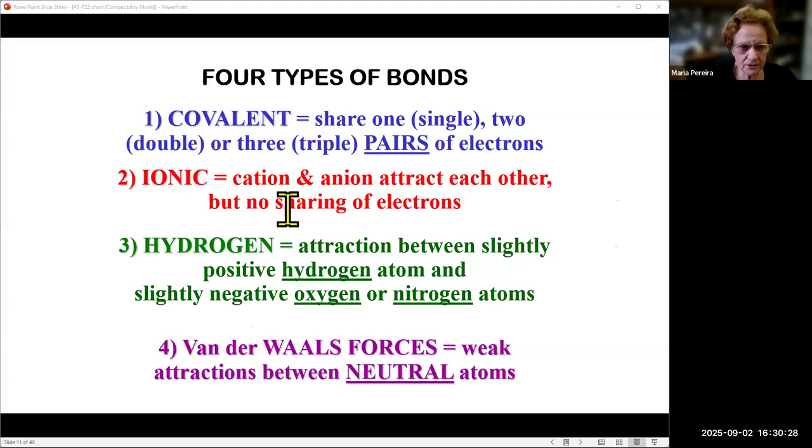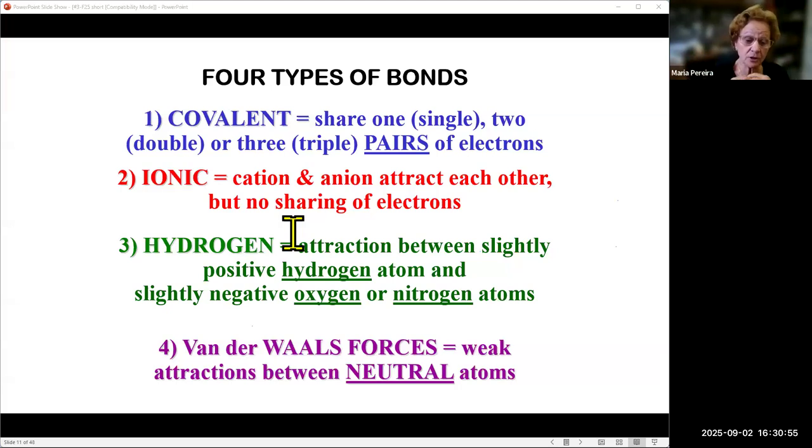So ionic bonds are weaker than covalent bonds. Why? Because the ions are not sharing electrons. They are just attracted to each other. So you have a cation and an anion. One is positive, one is negative, and they come together by an electrostatic force. It does not involve sharing of electrons.